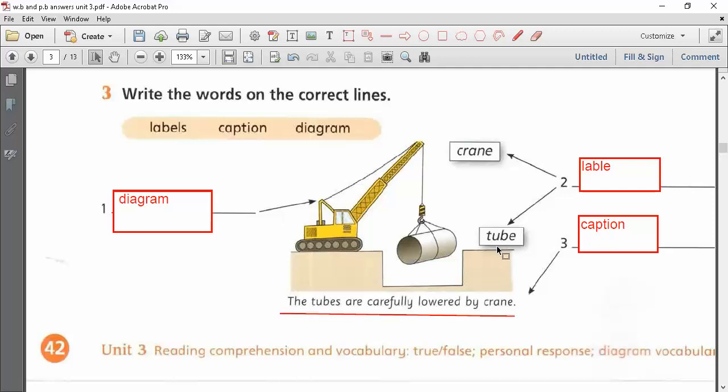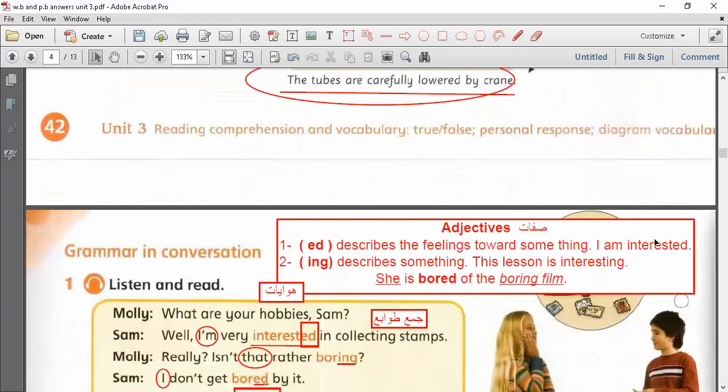They are cards with the names of the pictures in the diagram. This is a diagram and this is the caption. Here we call this a caption. A caption is the sentence which tells us more about the diagram.